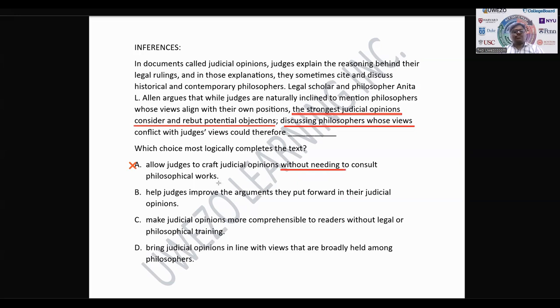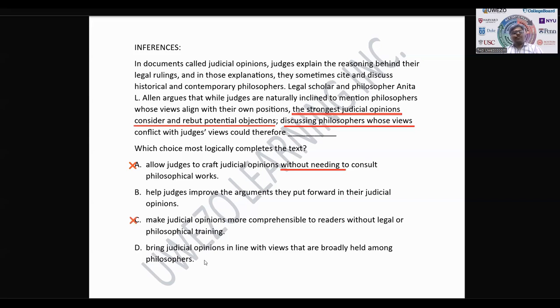Now, this looks good, so we'll hold on to it for a moment. Option C says make judicial opinions more comprehensible to readers without legal or philosophical training. Now, the text is not about whether the judgment should be understandable or comprehensible to readers. So this is irrelevant. So option C we can cross out.